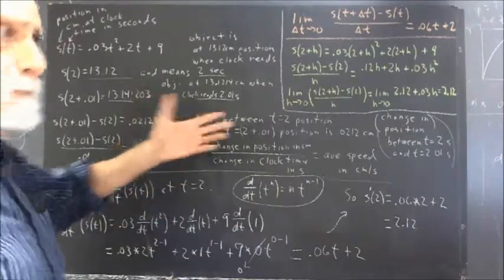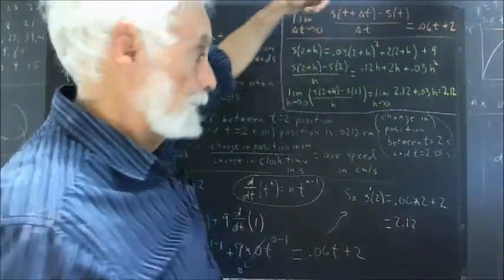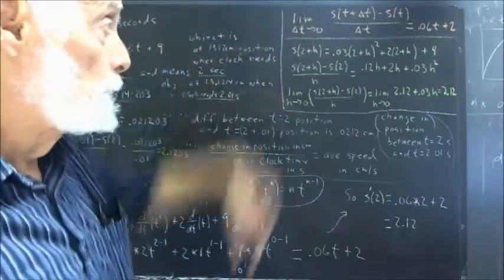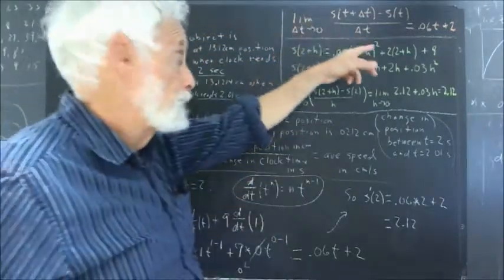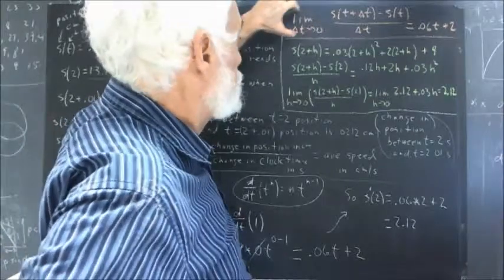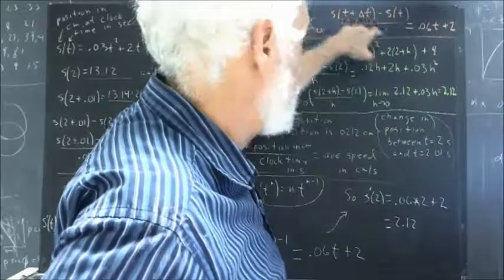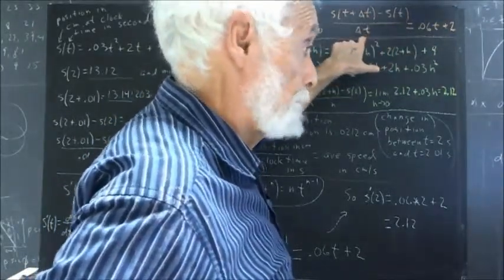Now, if we do the difference quotient on S of t, and I haven't gone through the details of this, we went through the details of a number of calculations of this nature, but the derivative is the limit as delta t goes to 0 of S of t plus delta t minus S of t divided by delta t.